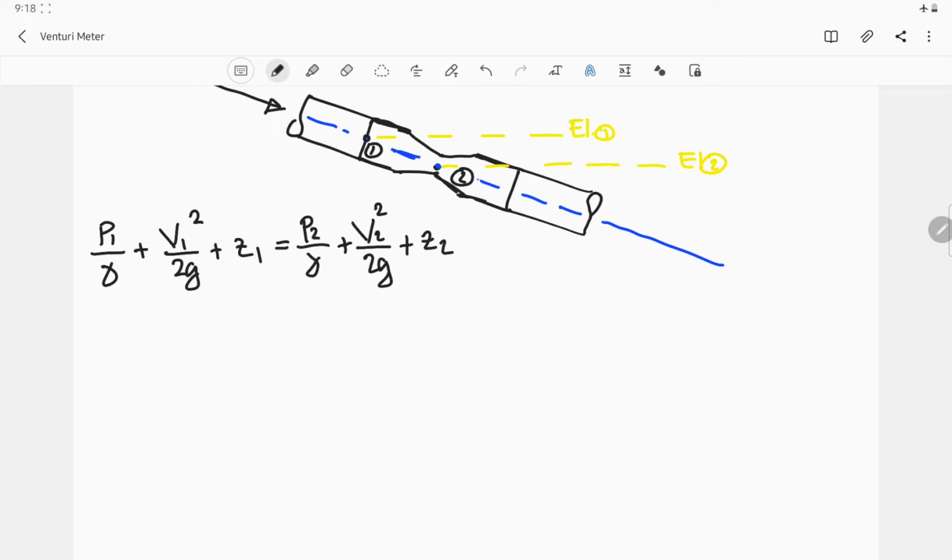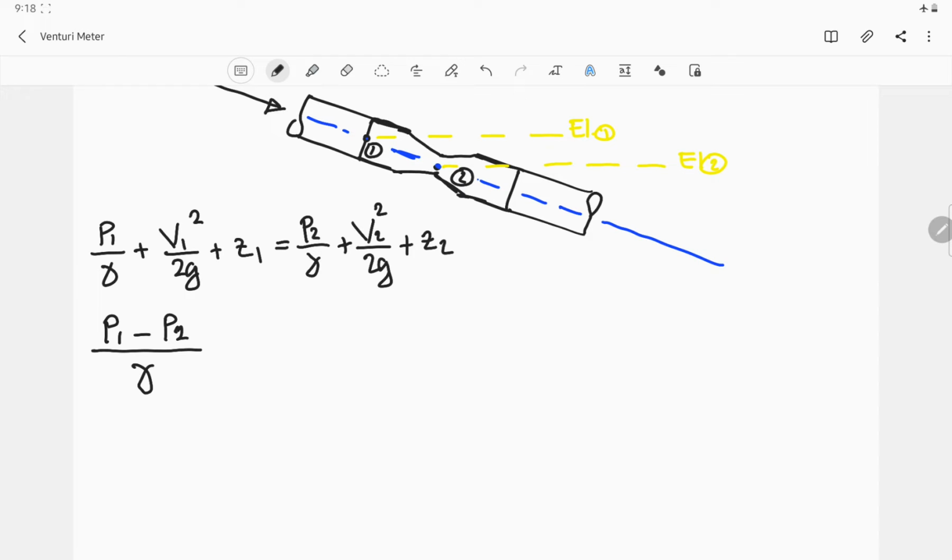Okay, so next is rearranging the equation in such a way that we can extract the value of the velocity. So P1 minus P2, we will transfer the P2 to the left, so that's why it becomes negative.